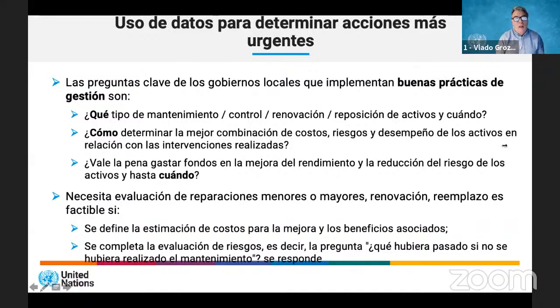And in good government practice, it should be determined as the best combination of costs and risk. So we have to assess the cost and risk of the critical assets and the performance of the assets in relation to this intervention that should be undertaken.